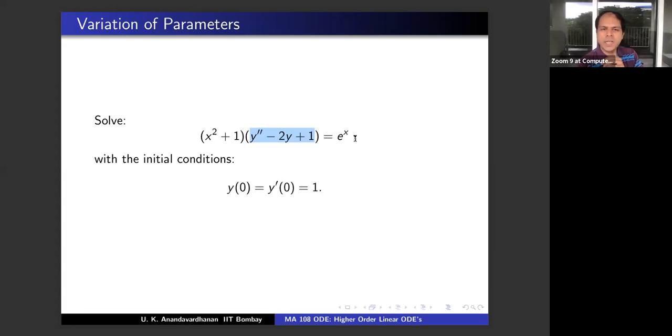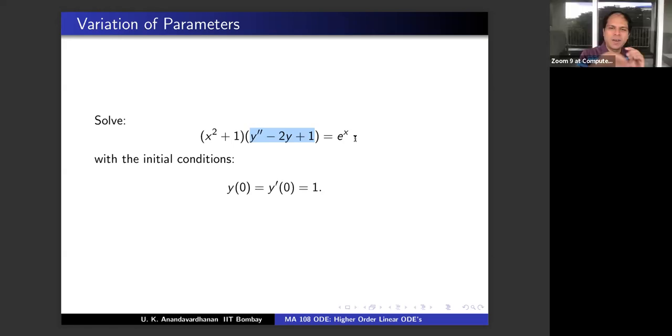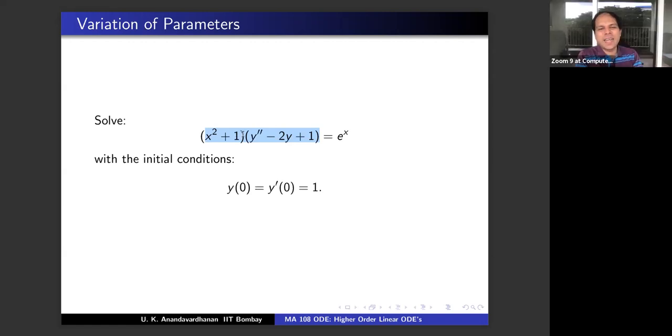Okay, but variation of parameters should work, no? Yes, variation of parameters will easily work because you will take the associated homogeneous equation. What are the solutions? E power x and x e power x. Correct, because x square plus 1 did not complicate it at all, because this equal to 0 is same as this equal to 0.